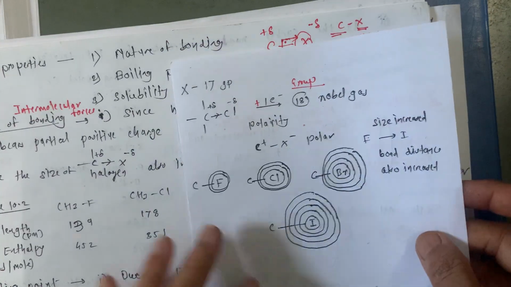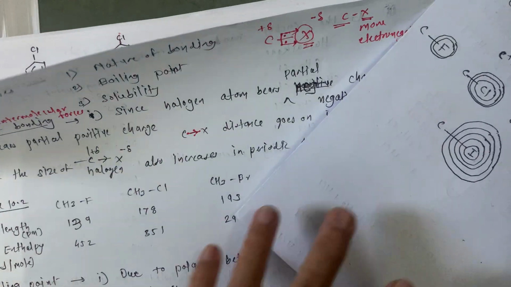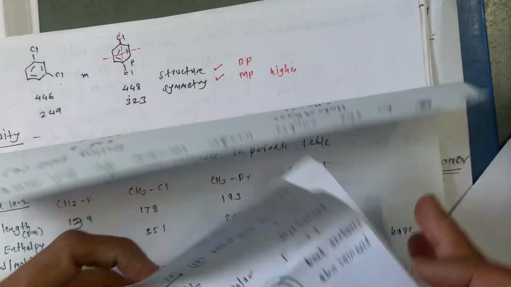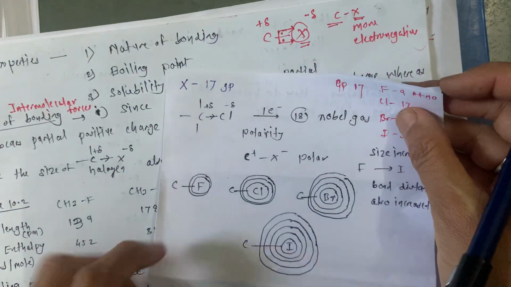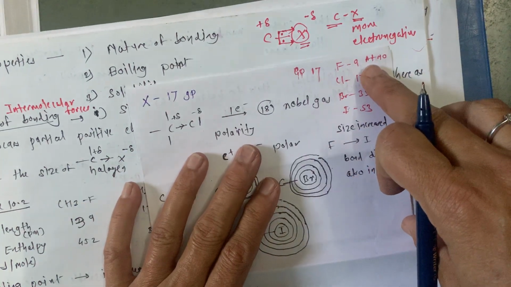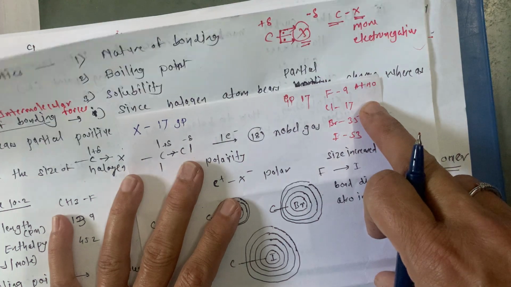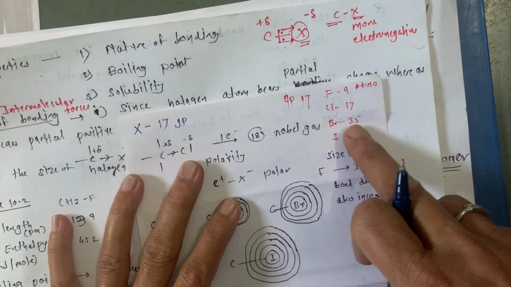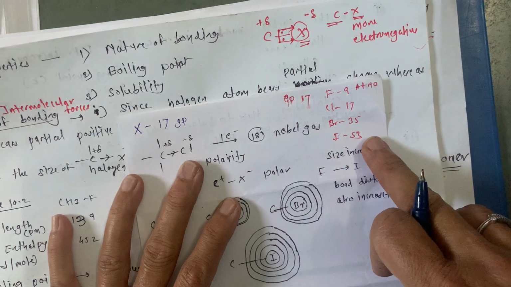See here, this is fluorine, atomic number 9; chlorine, atomic number 17; bromine, atomic number 35; iodine, atomic number 53.